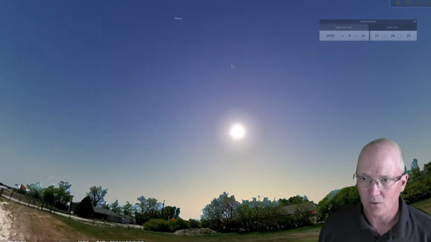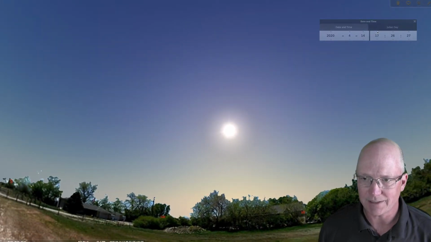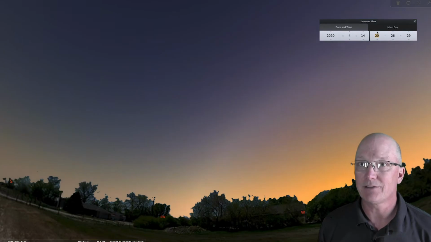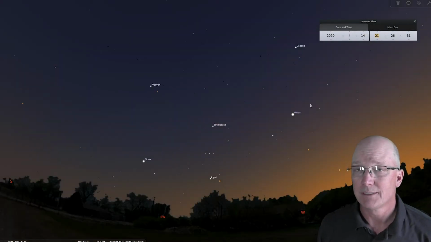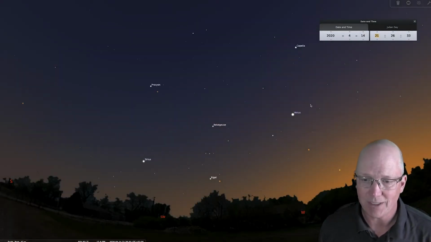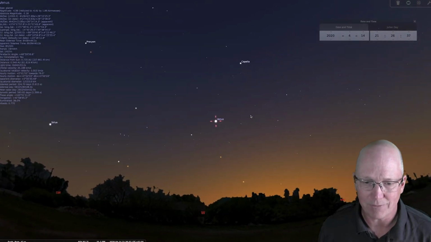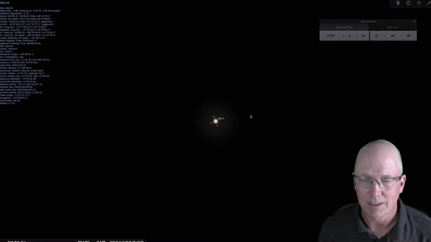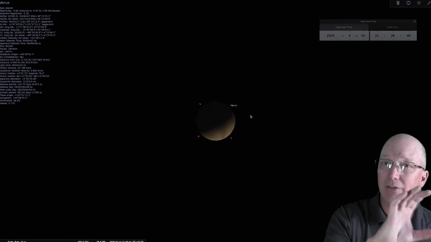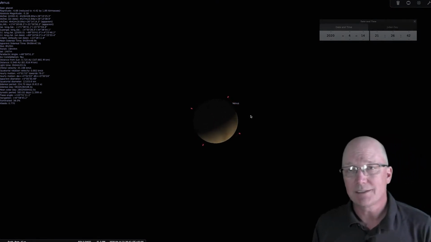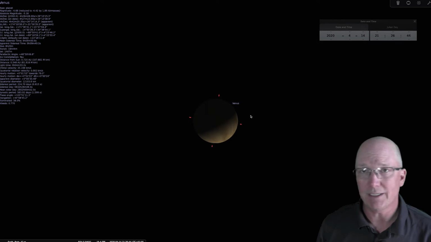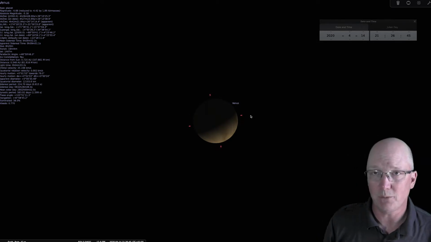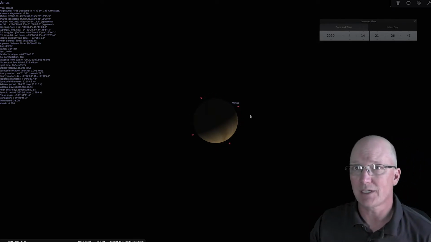If I'm looking to the west, the sun is setting and Venus is still up when the sun is setting. If I zoom in on Venus, you're going to see that the other half of it looks lit, because Venus is now on the other side of the sun.